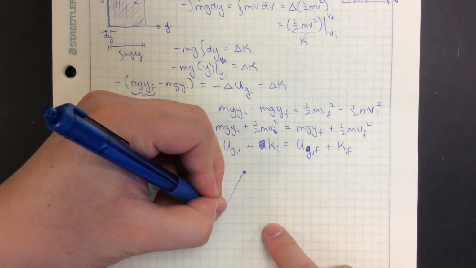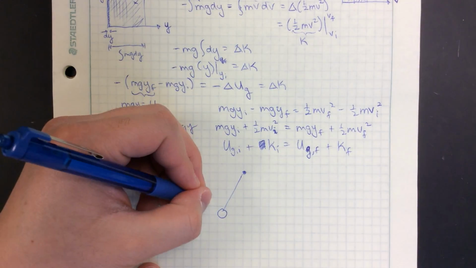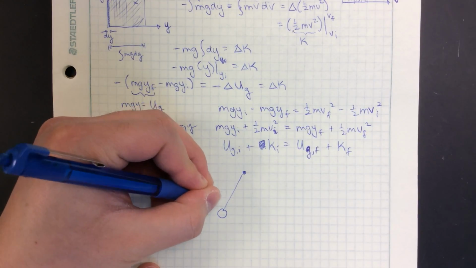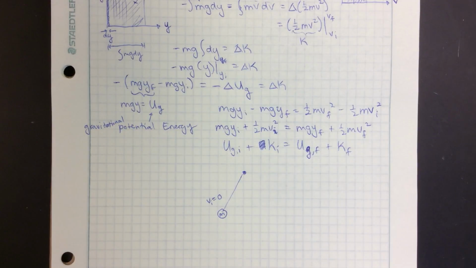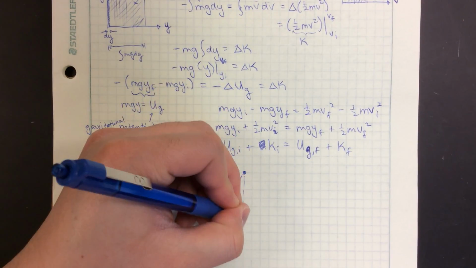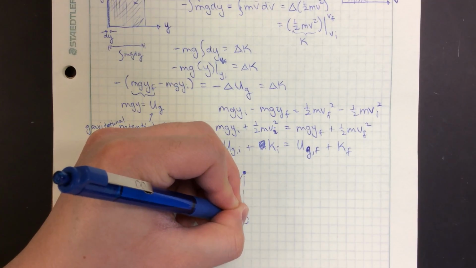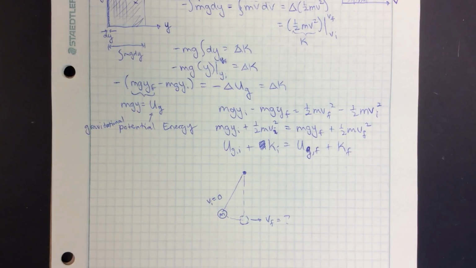Let's say you have a ball on a swing, a pendulum, and you lift it up, and it starts here. The initial velocity is 0, and it has a certain amount of mass, and you let it go, and so it swings. And at this point, it's moving. I asked you, how fast will it be moving when it got there?